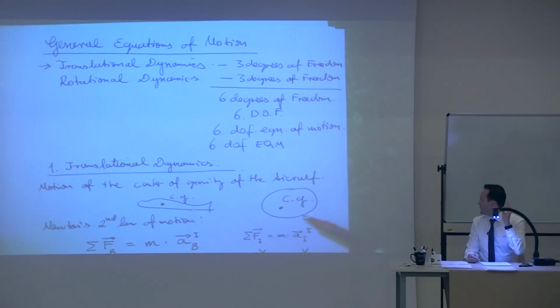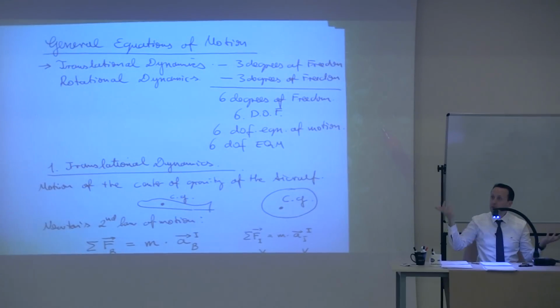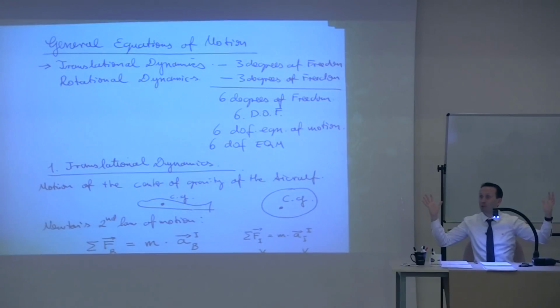And since the CG is a point, there is no rotation defined with respect to the point, and therefore no moments. There might be moments, but a moment is only effective if you have a three-dimensional body. If you have a point, the moment doesn't do anything. So since the translational dynamics only looks at the CG, right now we are only looking at the forces. There are moments, but I will cover them in the next hour under rotational dynamics. If you add them together, you have the full picture. Okay?